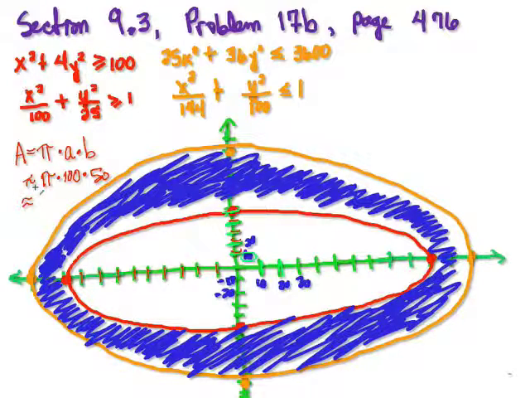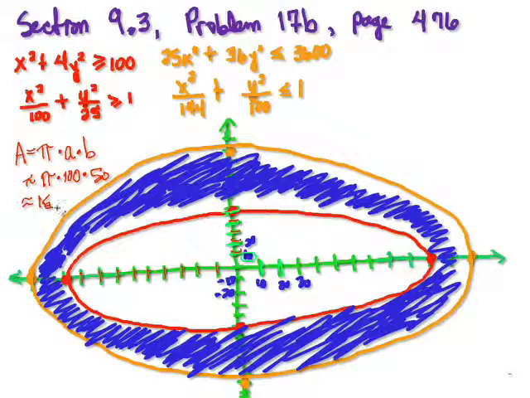So if I work this out all the way right here, I'm going to take pi times 100 times 50, and what do I get on my calculator? I'm going to get 15,708.